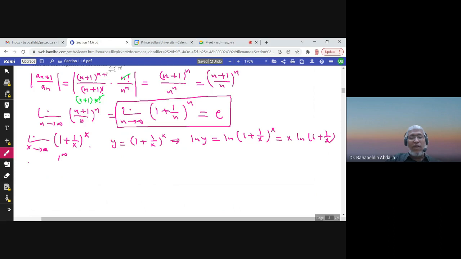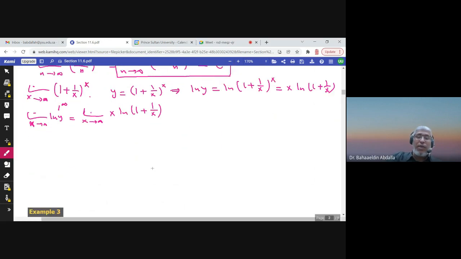And now I find the limit of ln y when x approaches infinity. It would be the limit of x times ln of 1 plus 1 over x. Now if I replace x by infinity, I'll get 1 plus 0, ln 1 is 0, so infinity times 0.